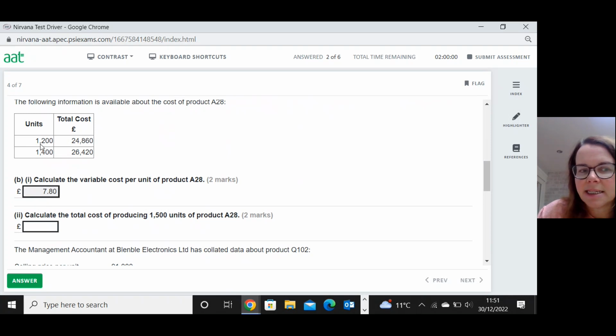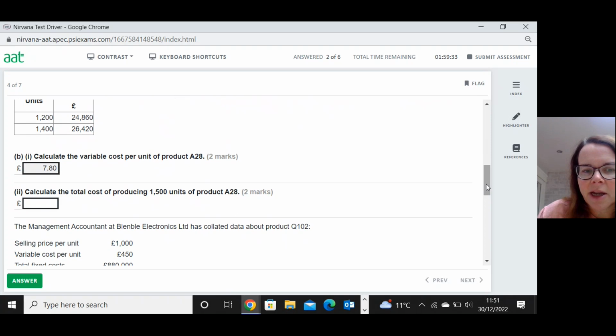£7.80 times 1,200. But the total cost is 24,860. So if I find the difference between my total cost and what I just calculated as my variable cost, which was 9,360, that tells me that my fixed cost must be 15,500.